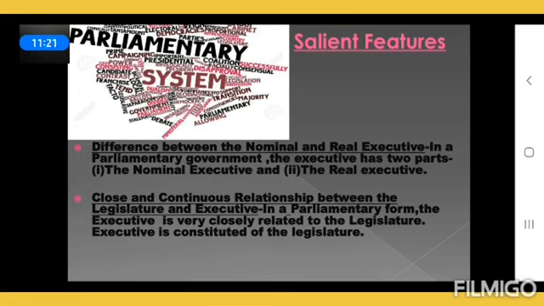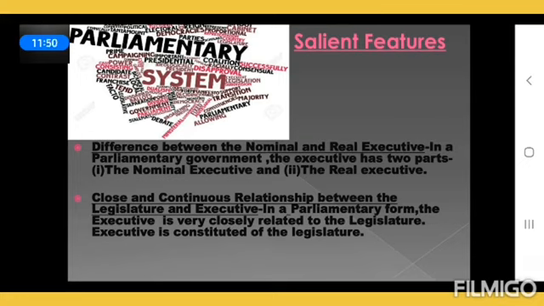Okay, the country runs in the name of the nominal head, but in a real sense, the power lies in the hands of the prime minister and his council of ministers. I hope I'm clear, right? So these are in reality exercised by whom? By the council of ministers, with the prime minister as its head, and the prime minister is known as your real executive.